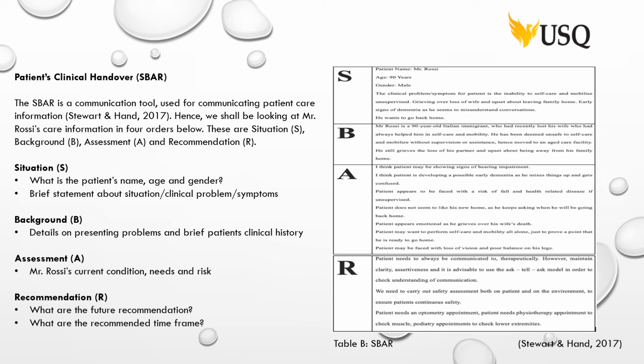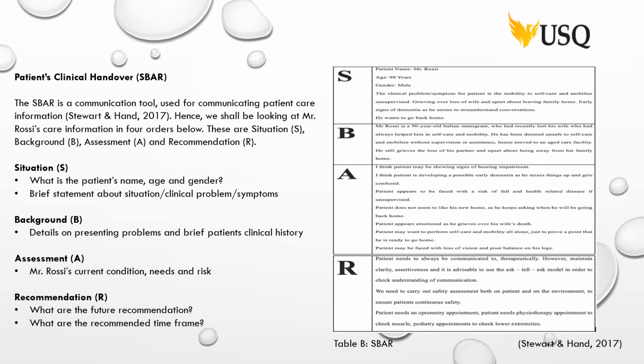The clinical problem and symptoms for Mr. Rossi is the inability to self-care and mobilize unsupervised, and the grieving over the loss of his wife and him being upset about leaving his family home. Early signs of dementia are also being noticed in this case study, as he seems to misunderstand conversations, and also he wants to go back home.